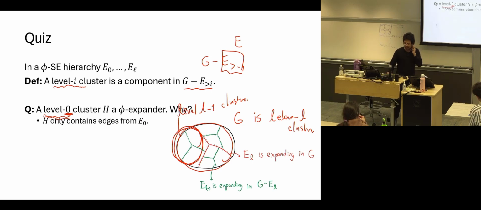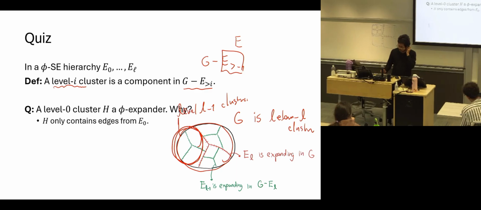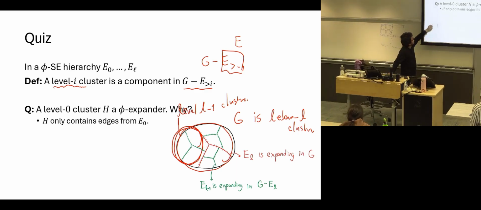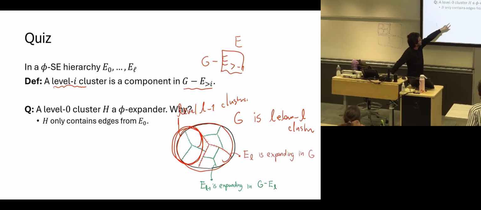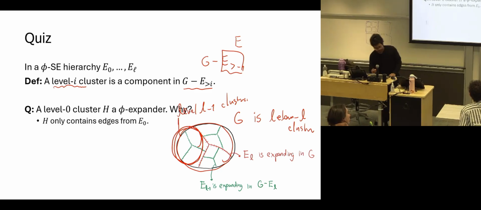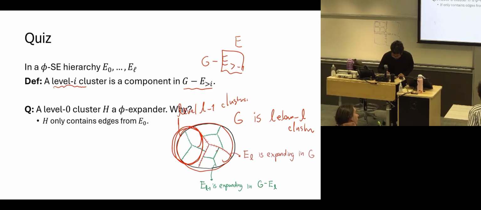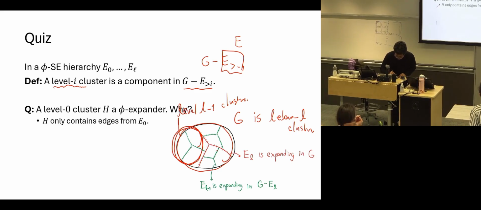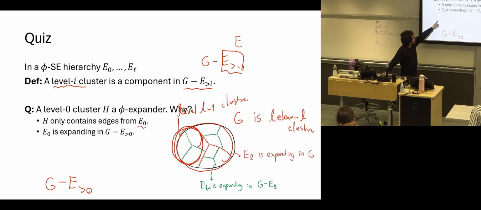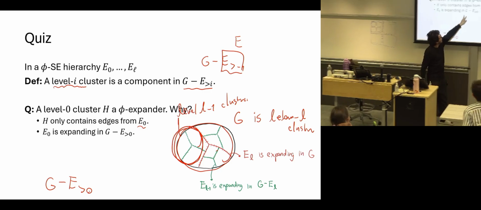Maybe try to convince yourself of this. H only contains edges from level E0, because it's a component in G minus E more than 0. So H only contains edges in E0, and E0 is expanding in this thing.